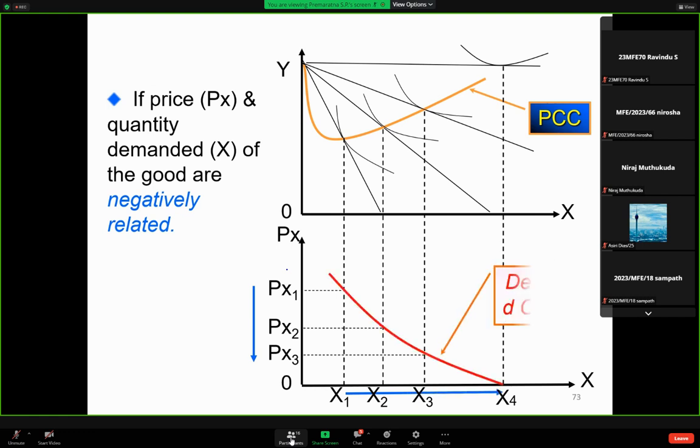That curve we call the Marshallian demand curve or Marshallian demand function. That is a normal good, and it has a negative slope. We got it.